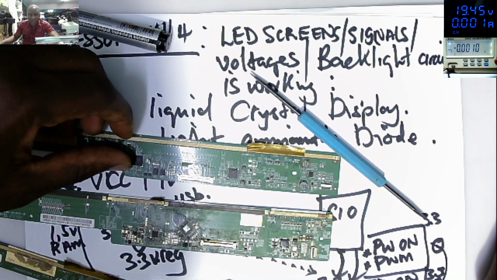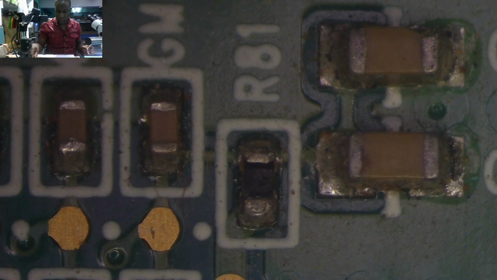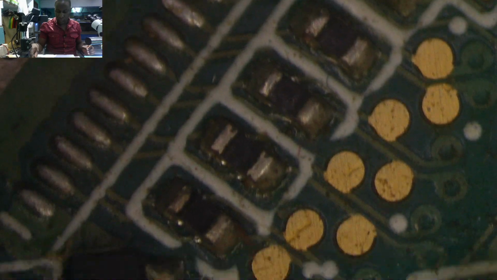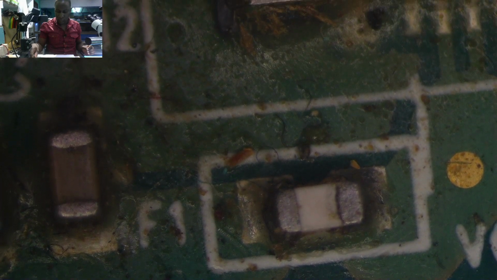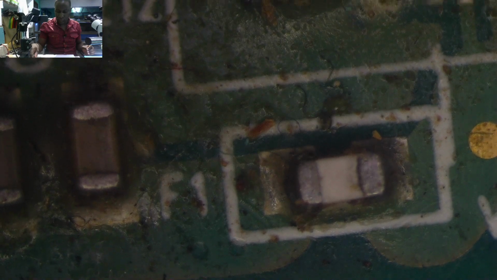You know what? I think we have to go under the microscope, okay? Let's see now what we have. You see that white thing written F1 here.